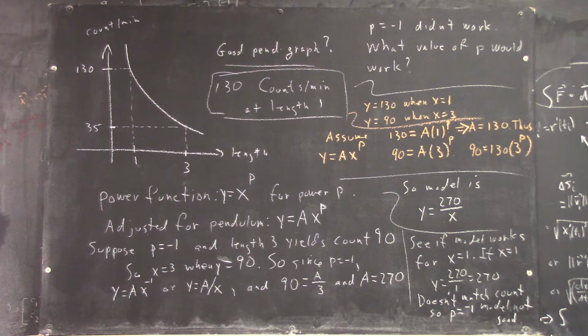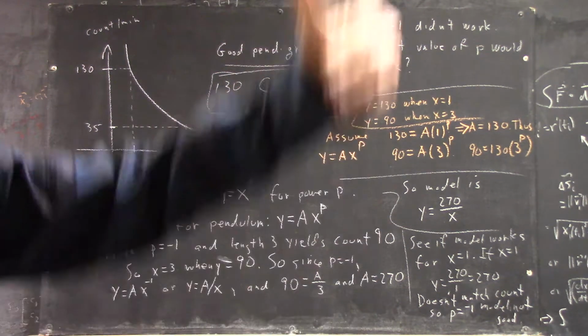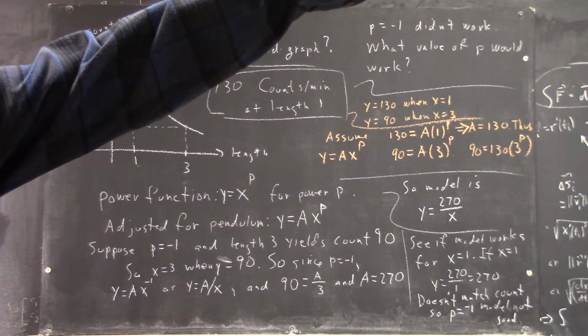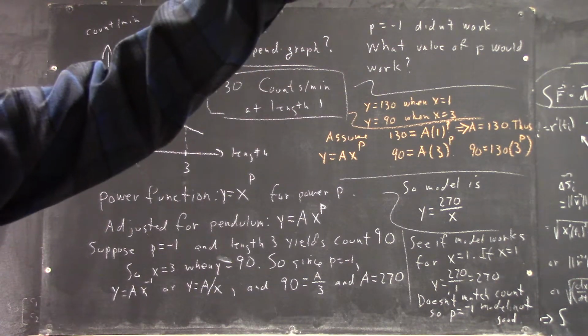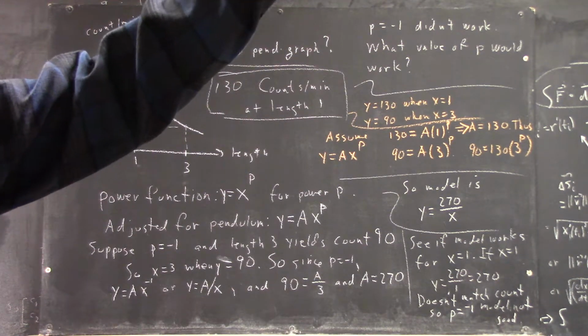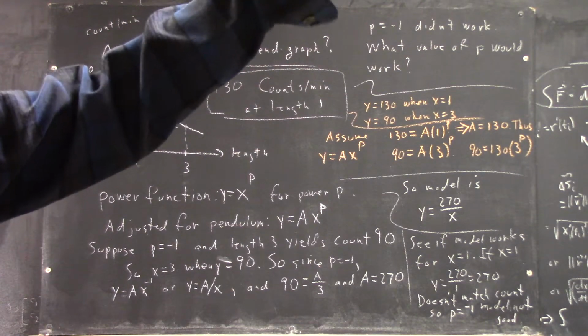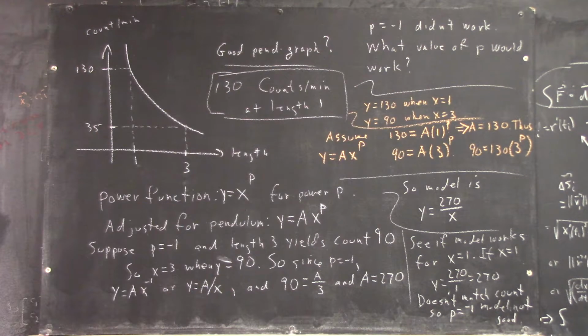Okay? Now, in order to solve this equation, since that p is in the exponent, it turns out you have to use logarithms. How many of you are comfortable with logarithms? Good. But there's no reason to expect that you are, because it's not part of your prerequisites. Okay?